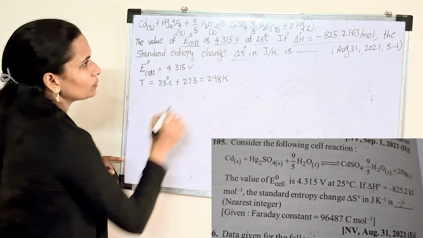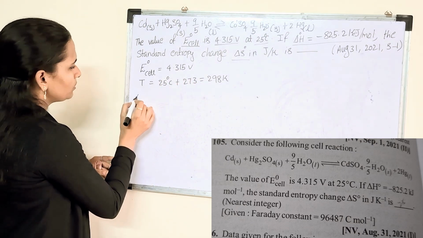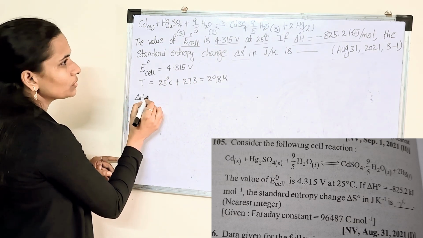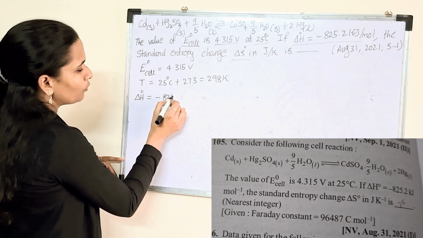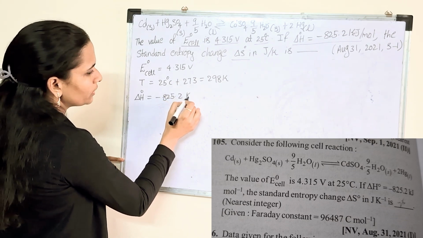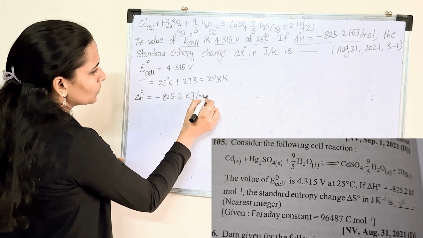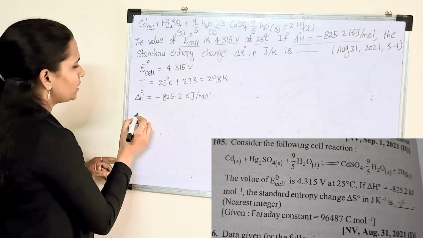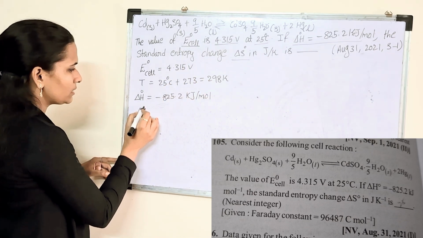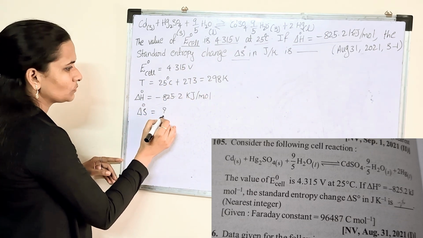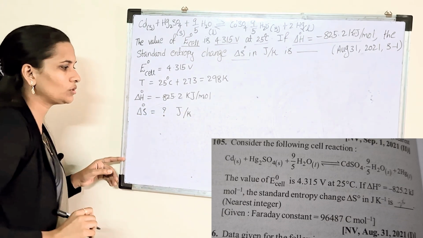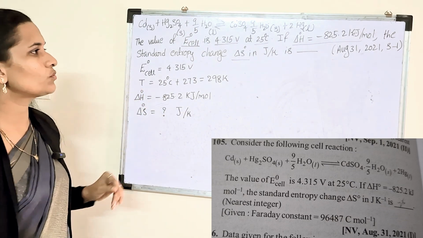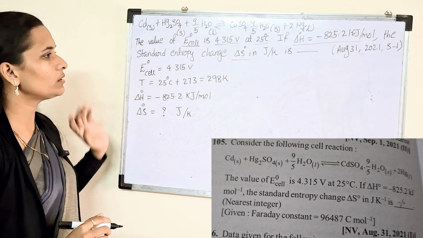Next, the standard enthalpy change for that reaction is minus 825.2 kilojoule per mole. Next, the standard entropy change, delta S naught, is asked in joule per Kelvin. So this is the question information.